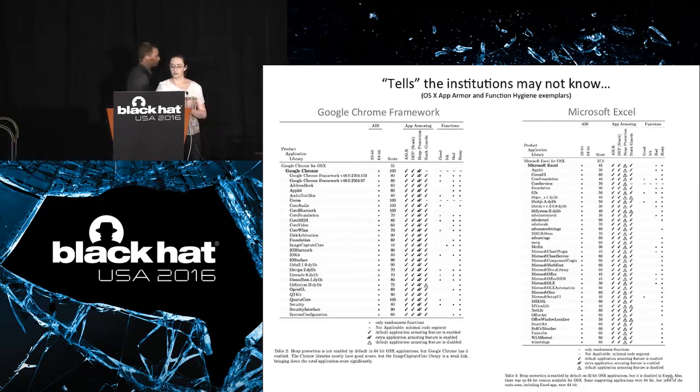And Google Chrome does that. They even went out of their way to figure out how to enable non-executable heap flag for 64-bit binaries. Out of the 30,000 plus binaries that we looked at, they were the only ones that had it. So, kudos to them.